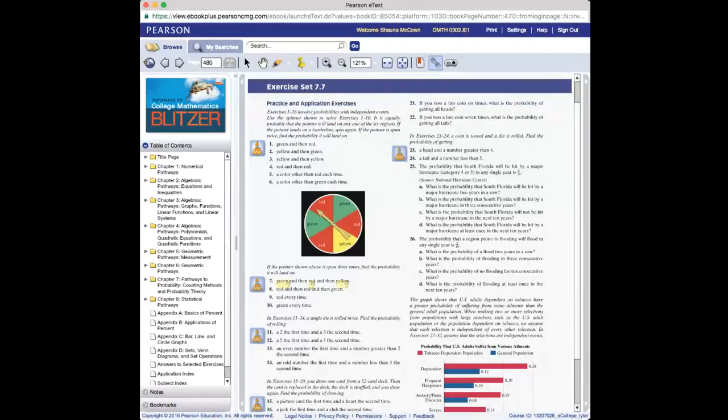Okay, is everybody with me so far? Because I'm going to have to close the book so I can write on the whiteboard and show you how to do it. So I got my green is 2 out of 6. My red is 3 out of 6. And my yellow is 1 out of 6. Okay.